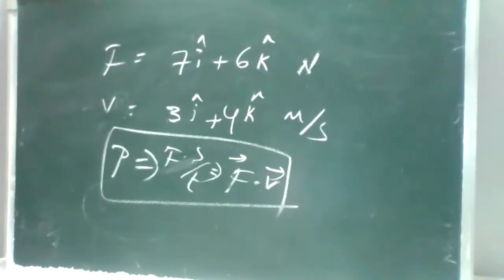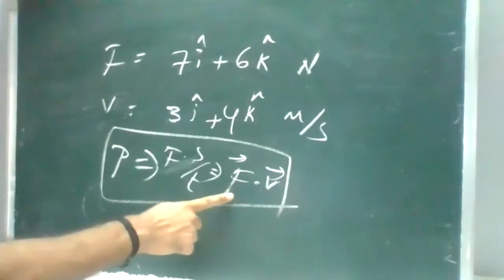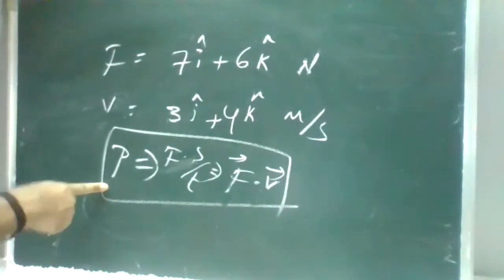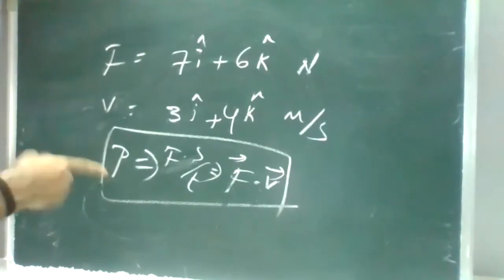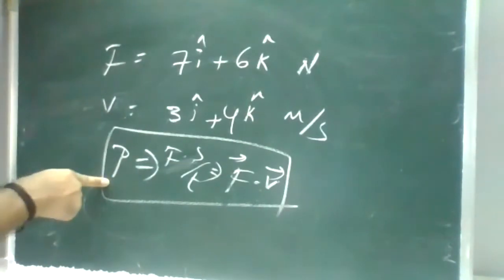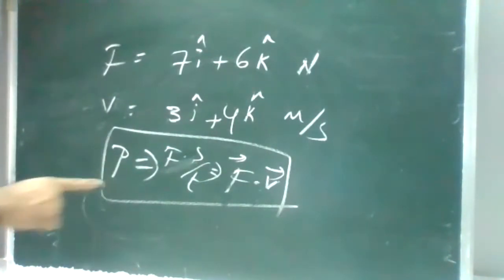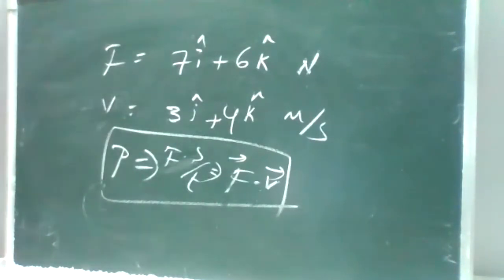Okay, power is a scalar quantity. So when you multiply two vectors and the product is a scalar, this is your dot product. Suppose the product is a vector, this is your cross product. Understood? It is just a small difference. So identify physical quantities as scalar or vector and keep it in mind.